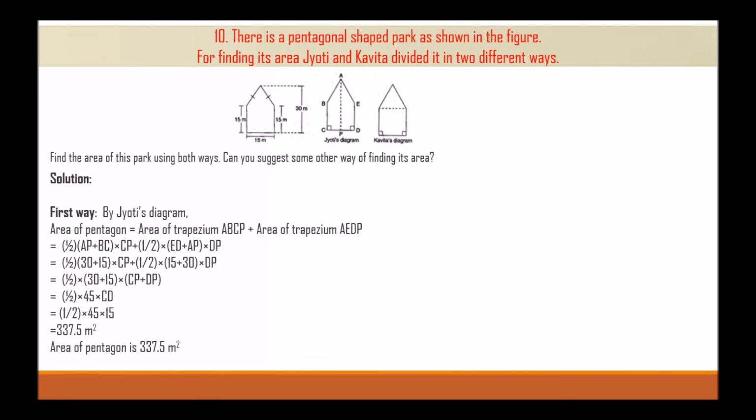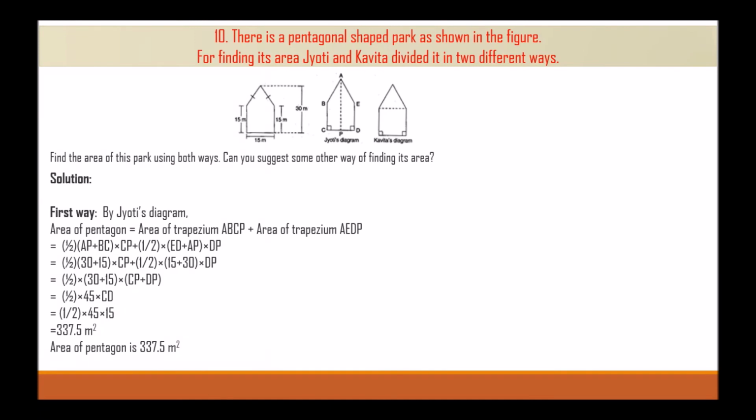So half into AP plus BC into CP plus half into ED plus AP into DP. That is half 30 plus 15 into CP plus half into 15 plus 30 into DP.